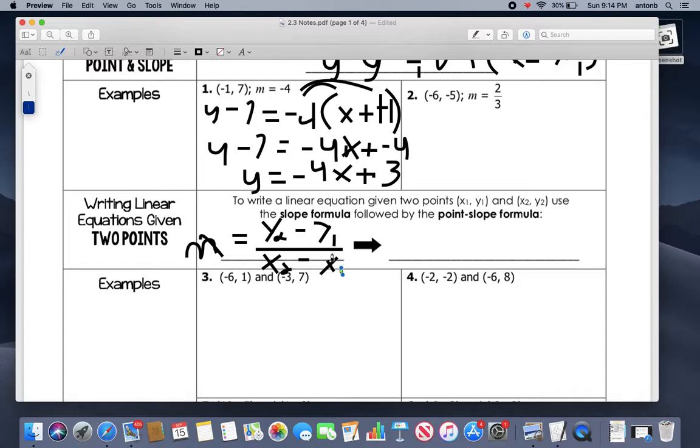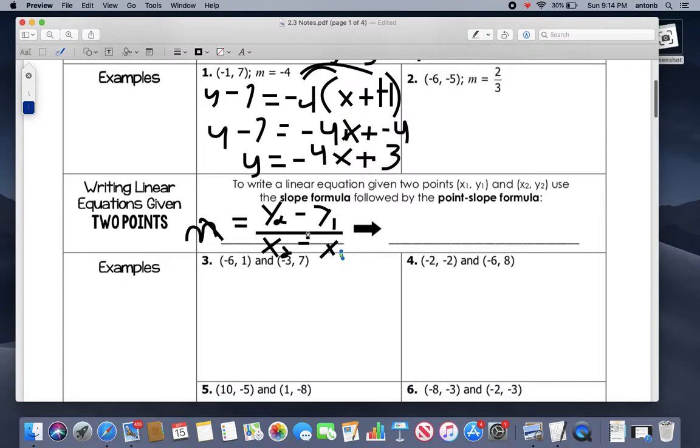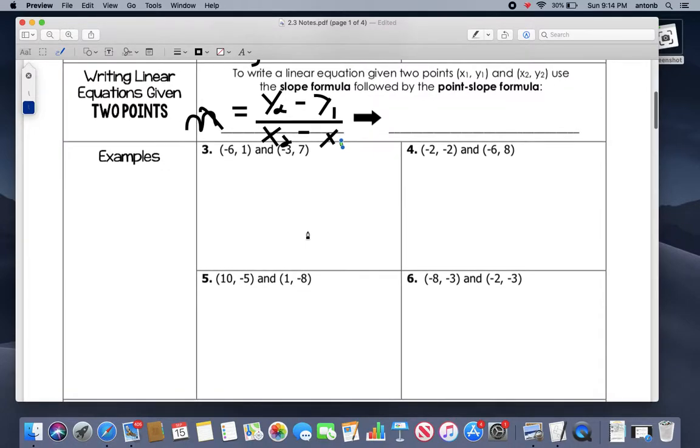Once you plug this in, you're able to find the point-slope formula, where you take your m value and use either the x1, y1 coordinate or the x2, y2 coordinate as the point you plug in. So let's do one of these examples here.